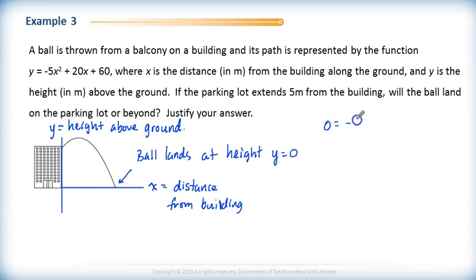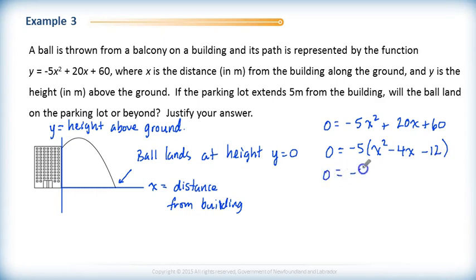0 equals negative 5x squared plus 20x plus 60. I can take out a common factor of negative 5 here. So I have negative 5 outside of x squared minus 4x minus 12. This part can be factored further.